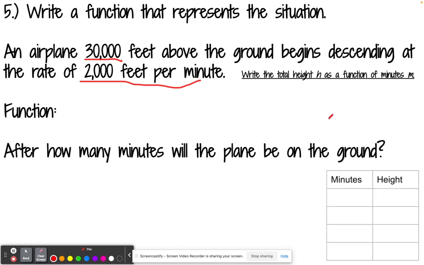We're going to talk about the situation. So when we start, it's going to be 30,000. Did I say 30 feet? 30,000 feet above the ground. Pretty big number. But it's descending 2,000 feet per minute. So 1 minute later, it's going to be at 28,000 feet.